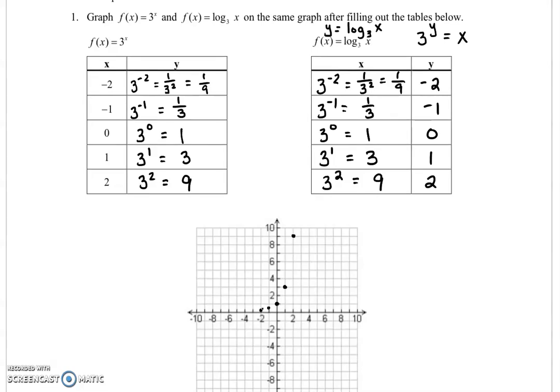So you should recall from graphing this in the last section that it goes kind of like this. And remember, it gets very, very close to the x-axis as we go negative. It just never actually touches it, regardless of what my bad drawing looks like. So that one is 3 to the x.